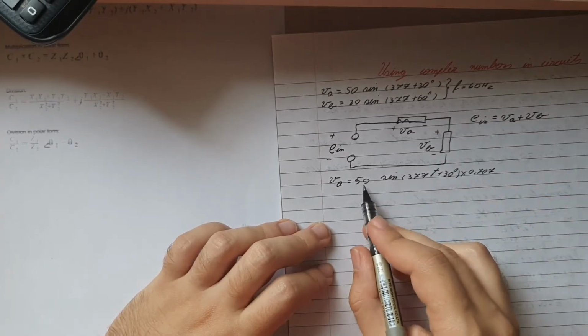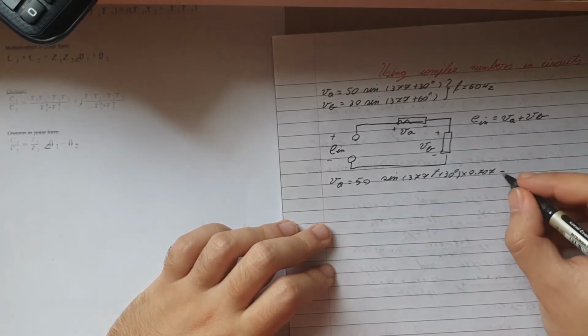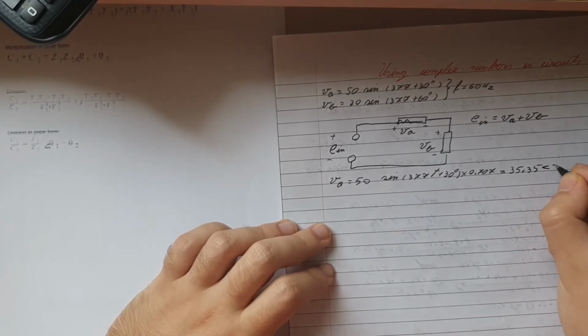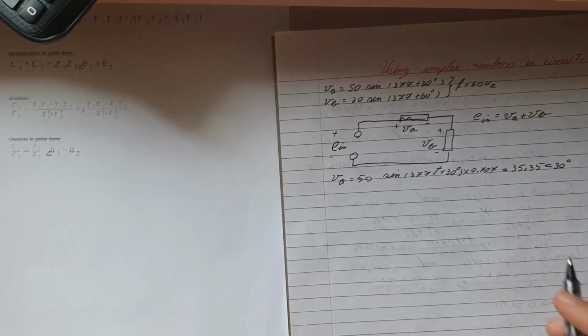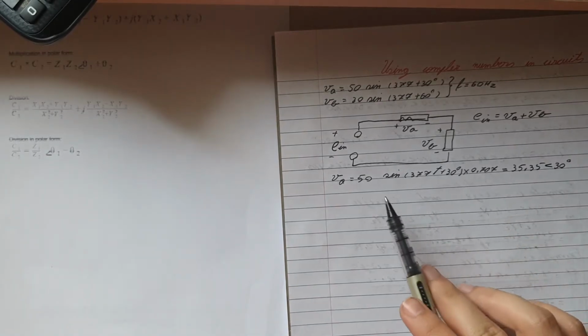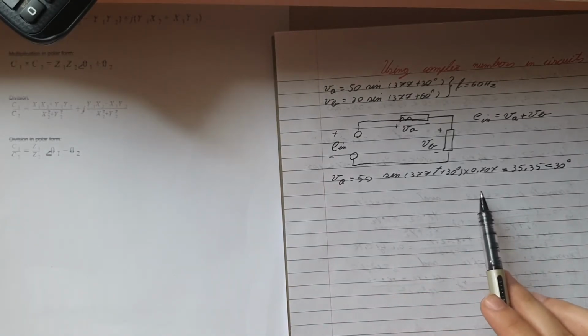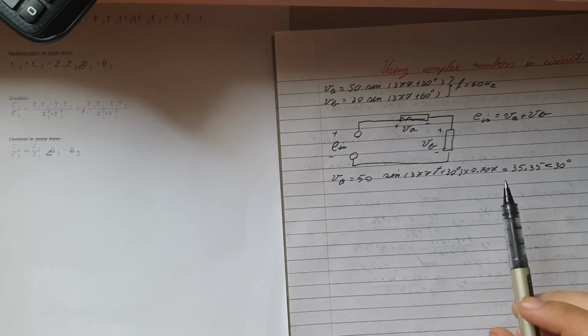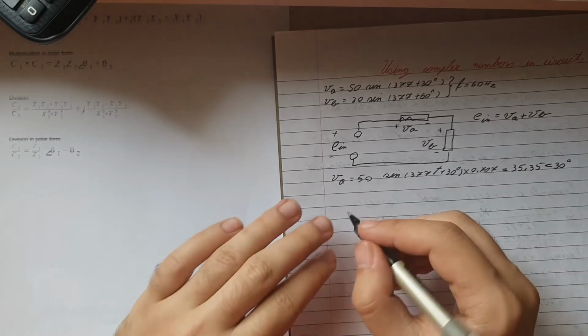You basically only multiply the 50, and that one will be converted to 35.35, at an angle of 30 degrees. So the way to think about it is when you multiply by 0.707, you're kind of making a polar form, because it'd be 35.35 at an angle of 30 degrees. You do the same thing for the next one, which is VB.